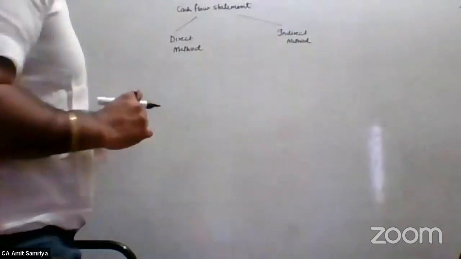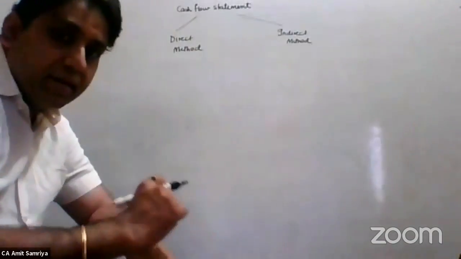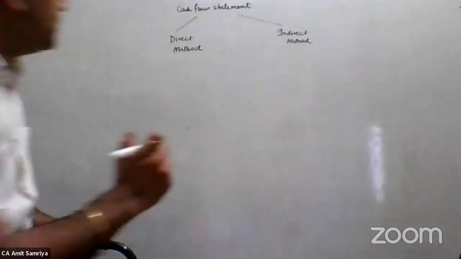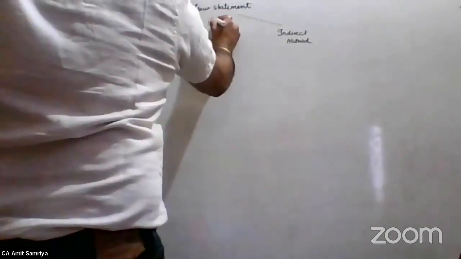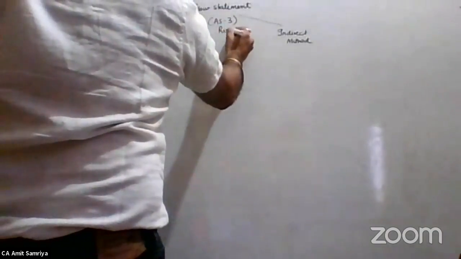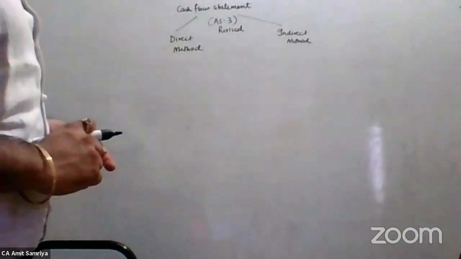There are only two ways of preparing a cash flow statement: by direct method and by indirect method. Preparation of this is as per AS3 revised. Preparation of cash flow statement is as per AS3 revised.